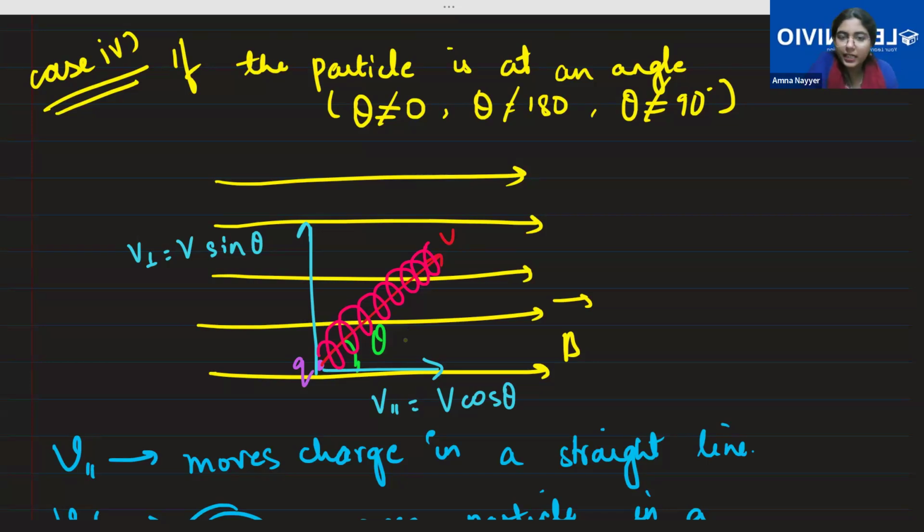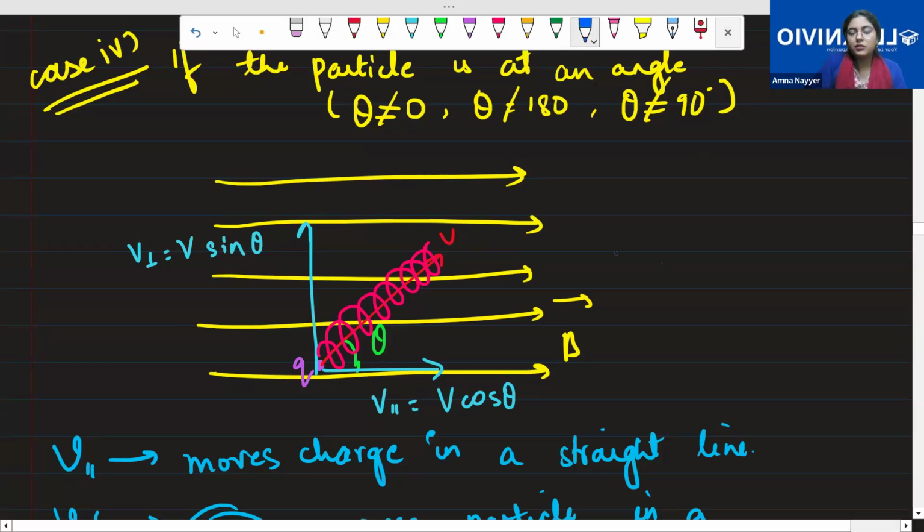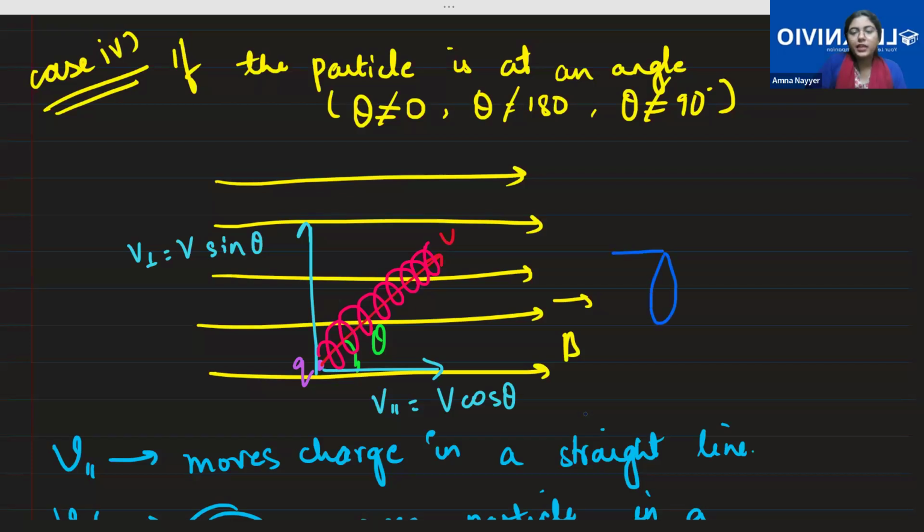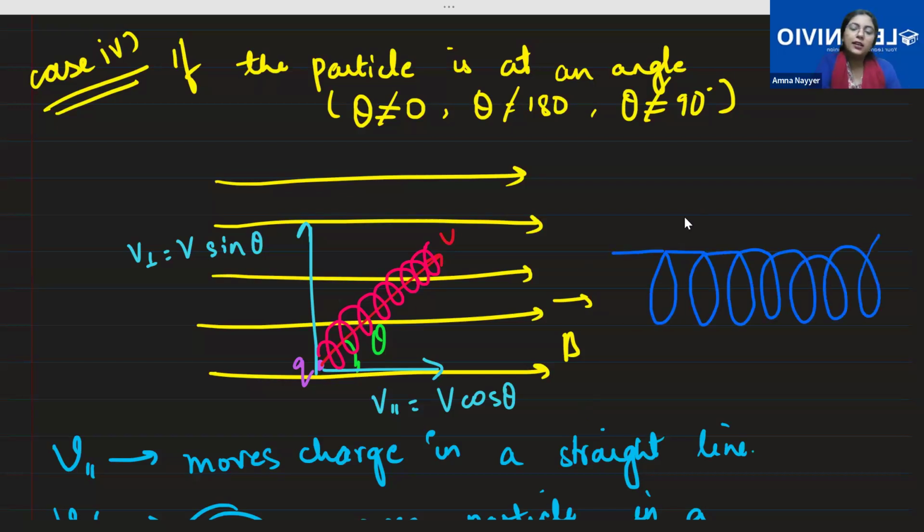And perpendicular to it is V sin theta. When the V cos theta and the V sin theta combine together, this gives you a helical path. The cos component is responsible for the forward propulsion, and sin theta is responsible for the circular pattern. Forward, circular, forward, circular. Eventually, this becomes a helical path, like a spring.